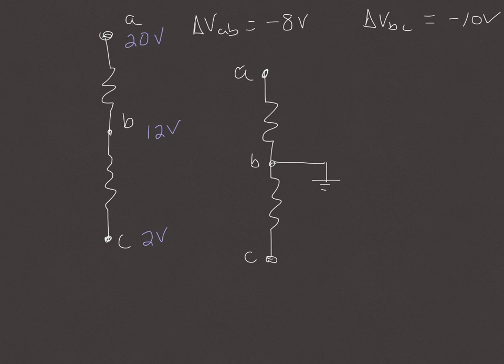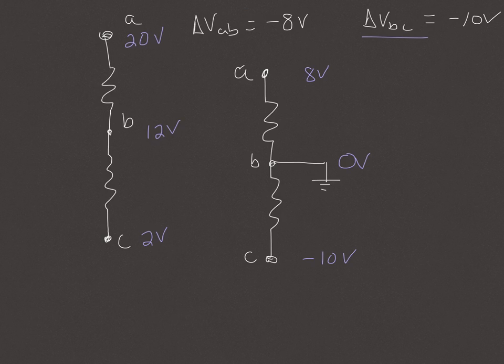All right, so we now know that the voltage at B is 0 volts. However, the change in voltage isn't going to change across that resistor from B to C. If I have 0 volts at point B, the voltage at point C has to be negative 10 volts. And the voltage at point A has to be 8 volts.